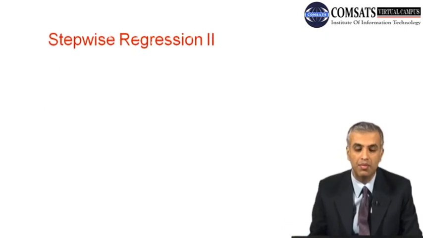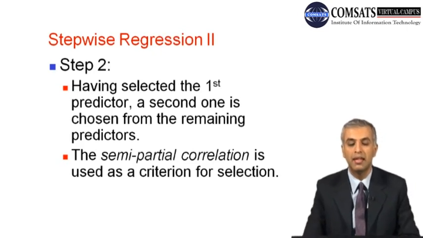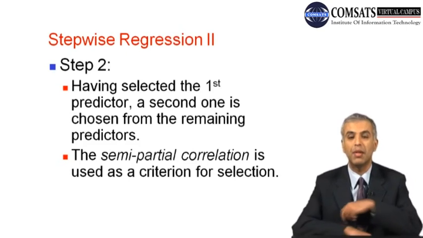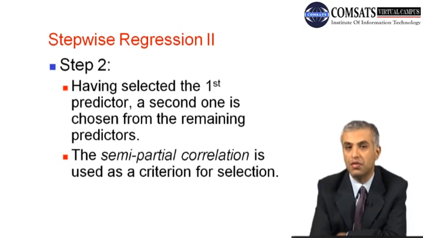So coming to the second step, which is important: when the first predictor is selected, then the second one is chosen from the remaining predictors. Definitely that's the path which we have already discussed. But in that case, the semi-partial correlation methodology will be used for selection of the second variable. In case of the first variable, the selection is based on full correlation, or pure Pearson correlation.